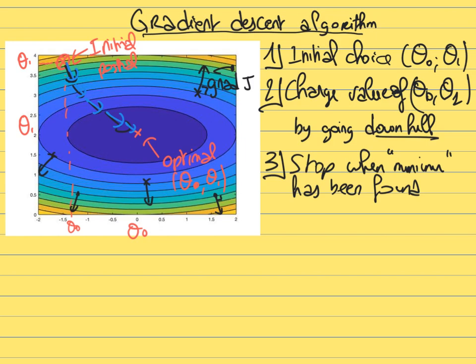The cost function is minimum in the middle when it's dark blue, and the more the color becomes yellow, the more the cost function is increasing. Those lines are an ensemble of values of theta naught and theta 1 for which the cost function has a constant value. Here, for all of those positions, the cost function has exactly the same value.